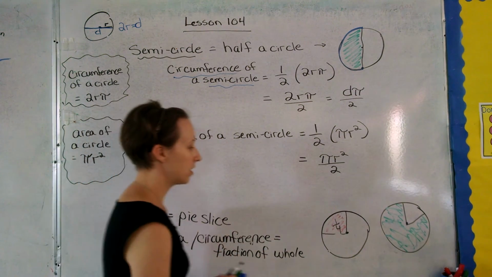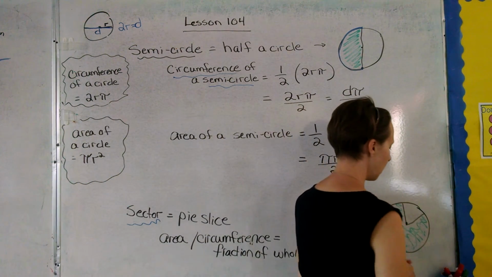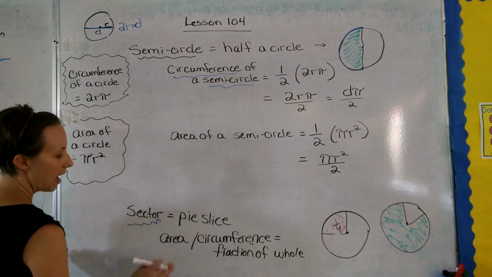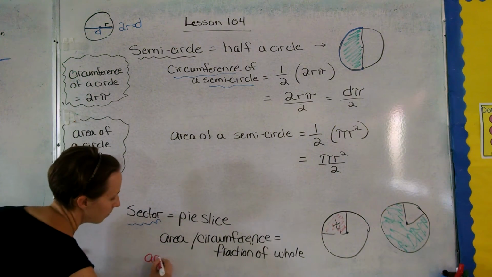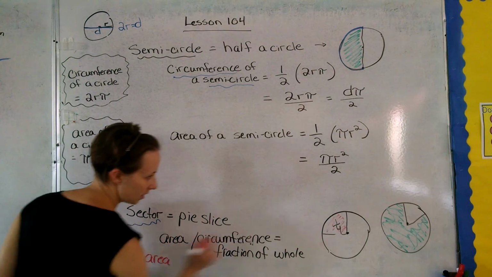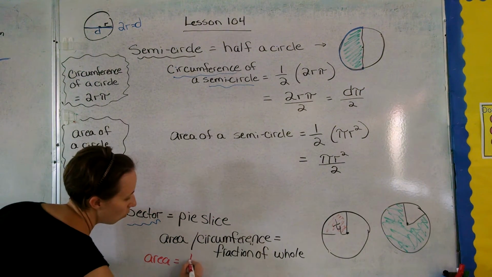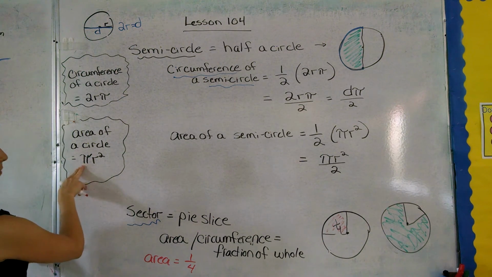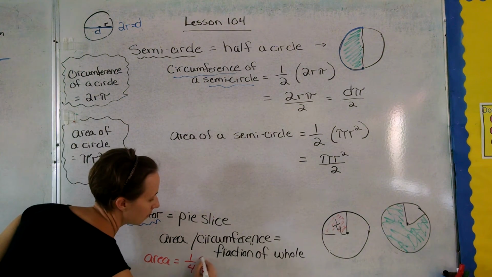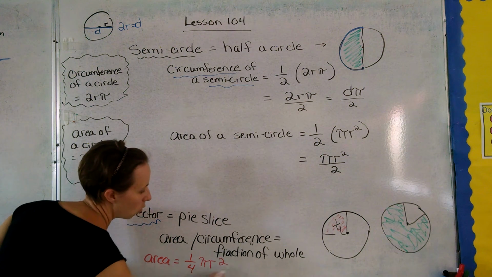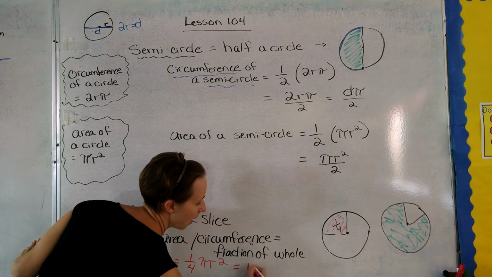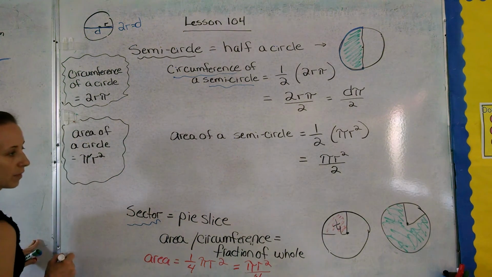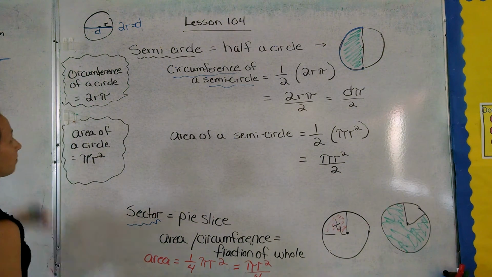For this particular sector, because it is 1/4 of my full circle, if I wanted to find the area of this sector, I would take 1/4 of my area formula, which is pi r squared. Or I could write it as pi r squared divided by 4. I could do the same for the circumference.